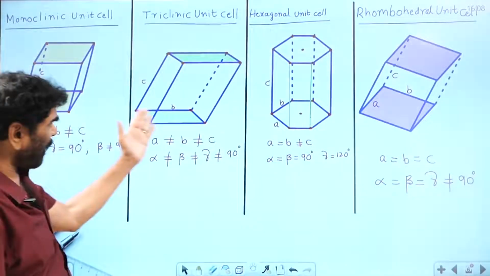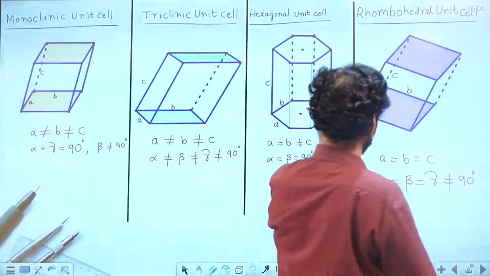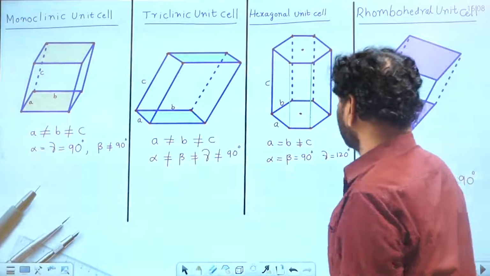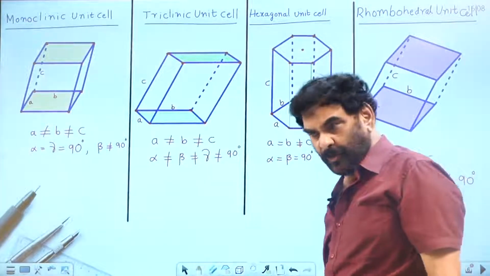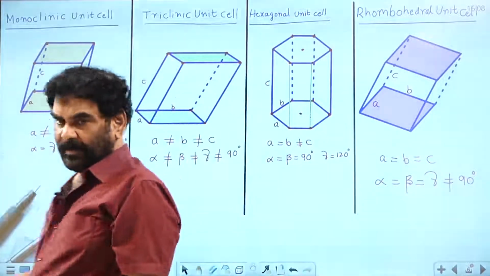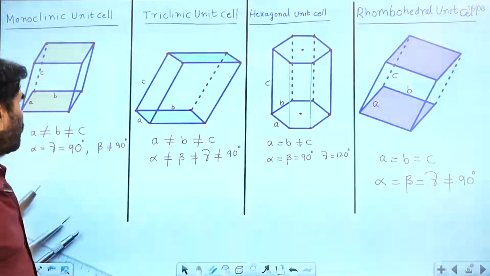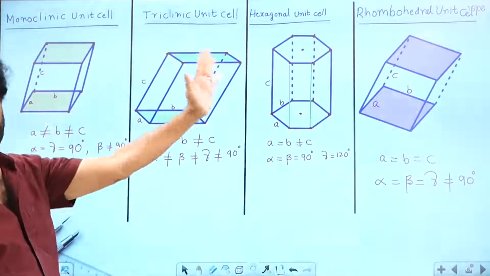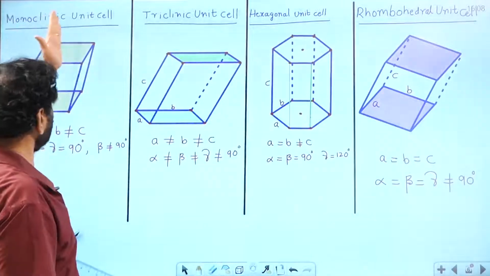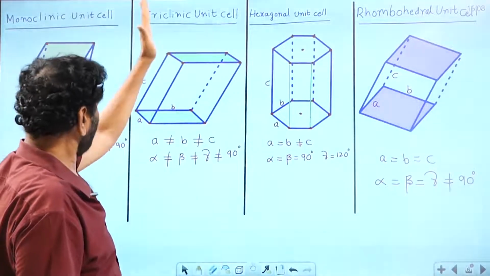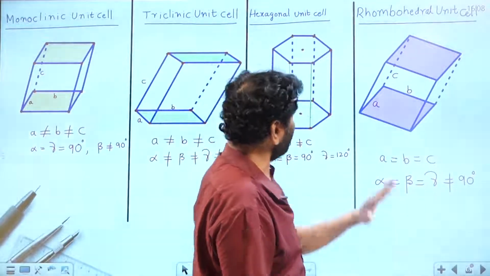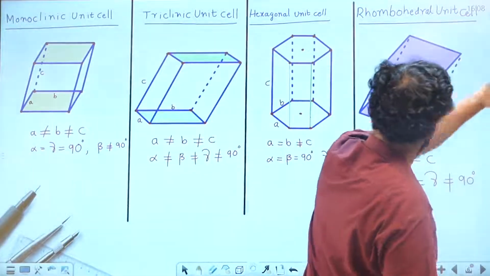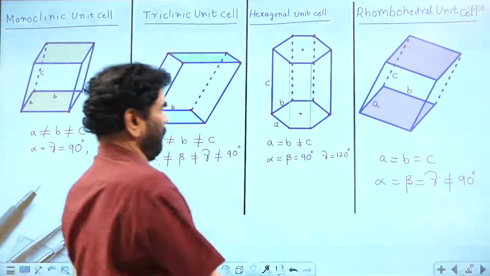Based on the cell parameters, unit cells are classified into 7 types: the cubic unit cell, second the tetragonal, third the orthorhombic, fourth the monoclinic, fifth the triclinic, sixth the hexagonal, and seventh the rhombohedral unit cell.